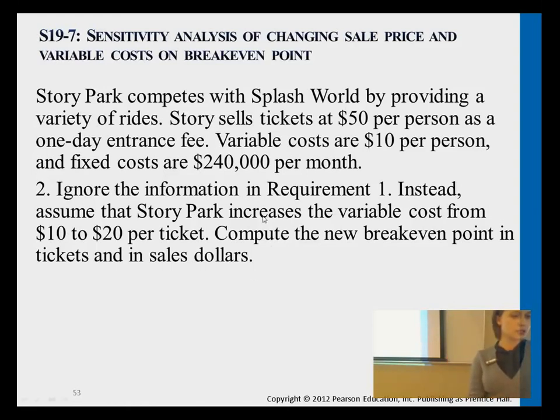The only thing that's going to change is that we will assume Story Park increases the variable cost. So it's a little bit different, but still a very similar strategy. Change variable cost from 10 to 20 per ticket, and compute the new break-even point in tickets and in sales dollars. So try that for 5 minutes.